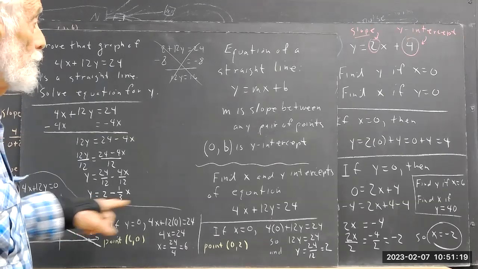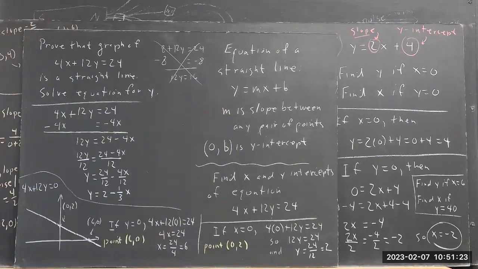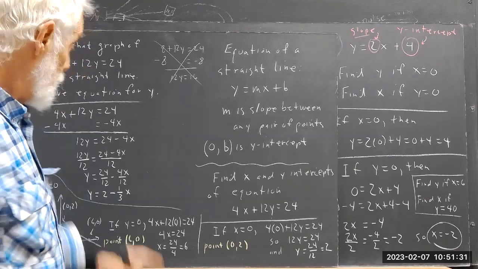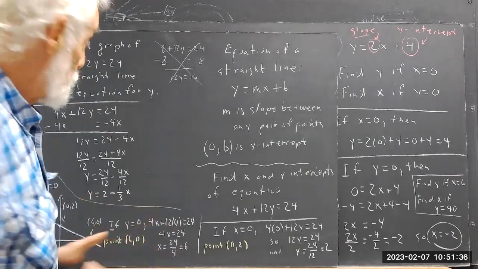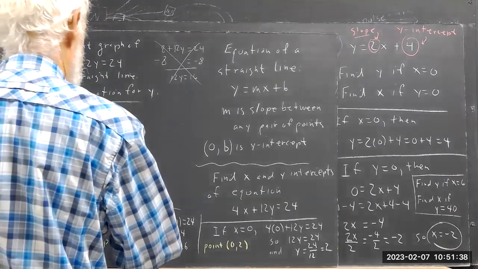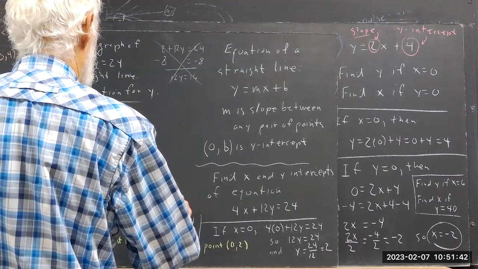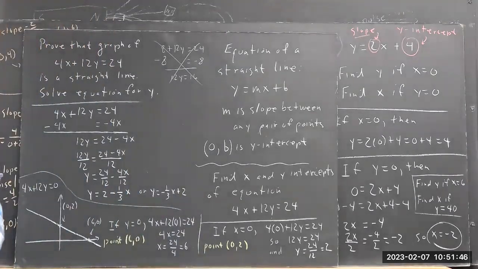is this in the form y equals mx plus b? Well, it is. You've got an mx, you've got a negative 1/3 x, right? And you've got a b, which is 2. But if you like, we can put it in order. Okay.